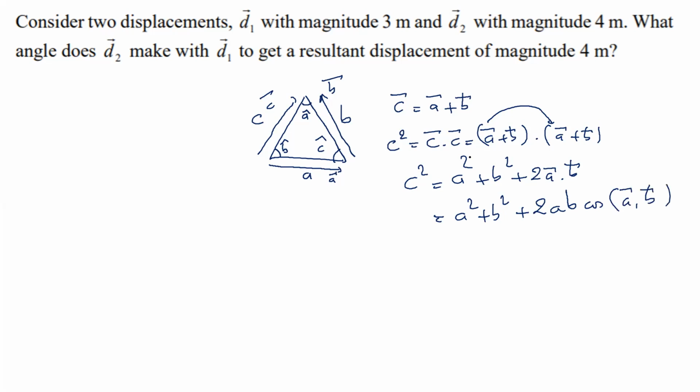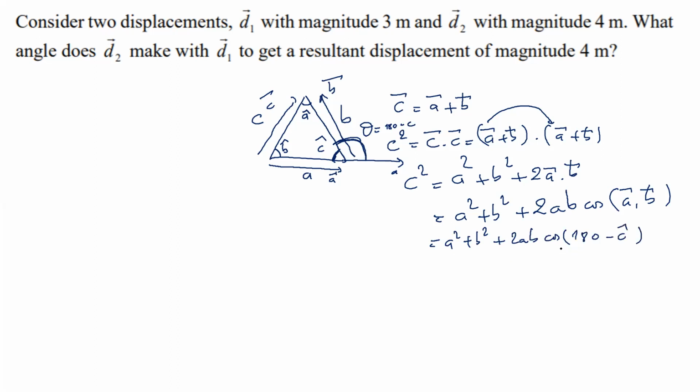Okay. Now, what is the angle between A and B? Well, the angle between A and B is this angle here. Because this is A and this is B. So this angle here is what I call theta. But theta is equal to 180 minus C, this angle C here. So I will end up with A square plus B square plus 2AB cosine (180 minus C).